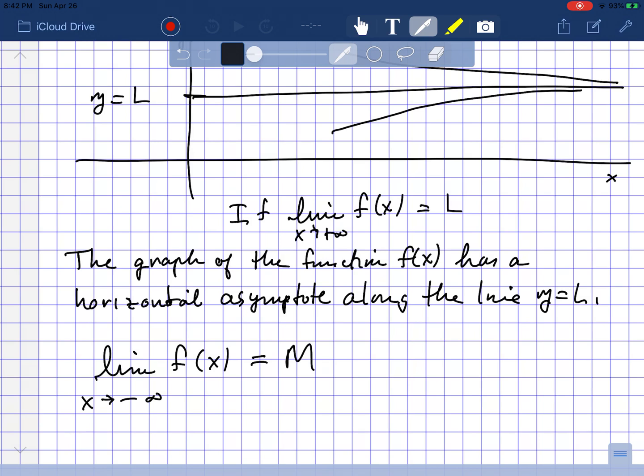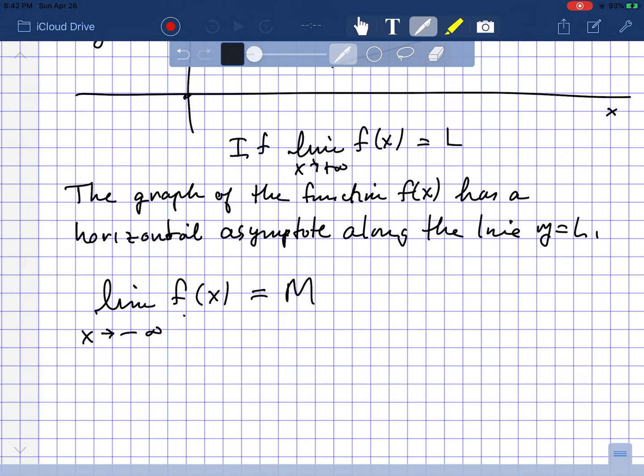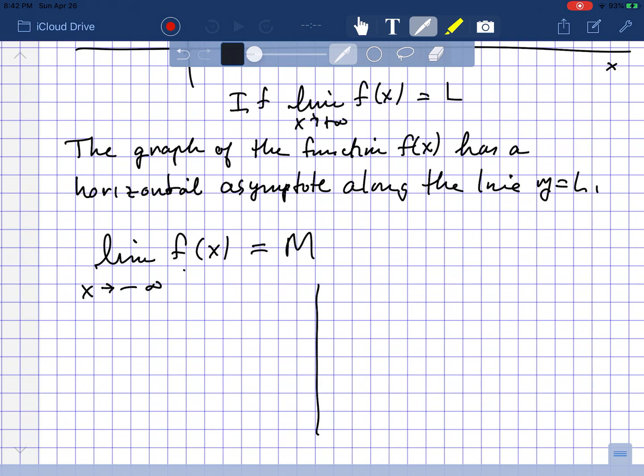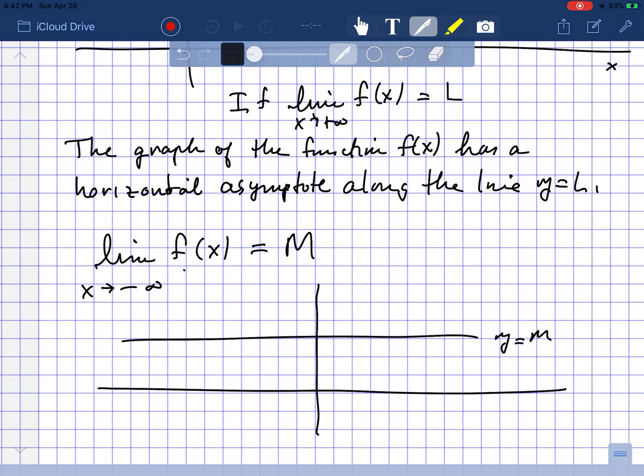This means that as x gets farther and farther away from 0 in the negative direction, the values of f of x get closer and closer to the value m. So in that case, the graph of our function f of x might look something like this. It has an asymptote along the line y equals m.